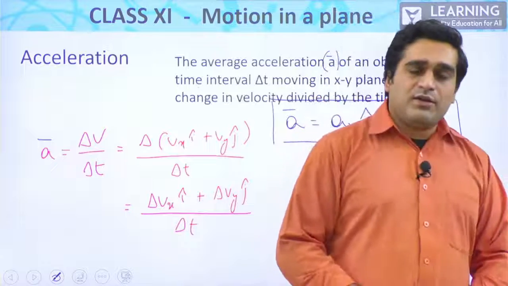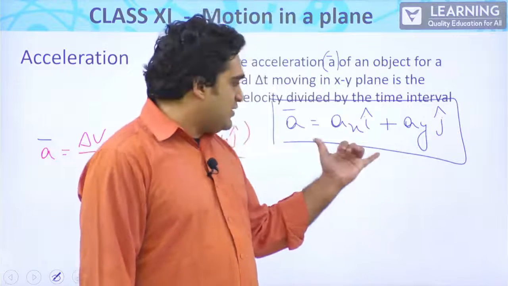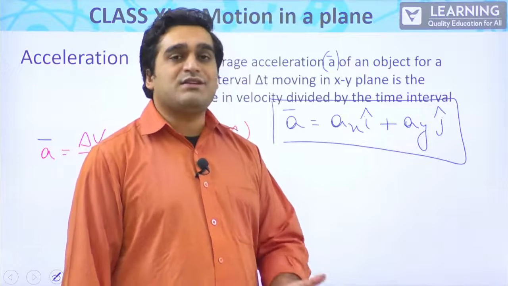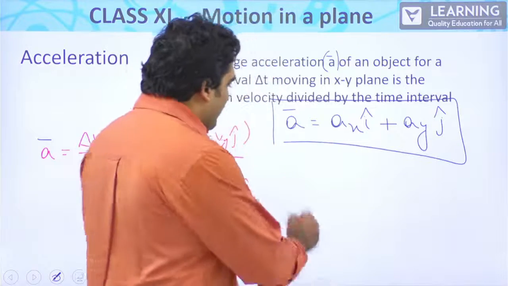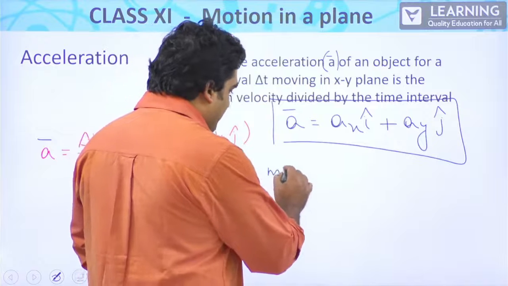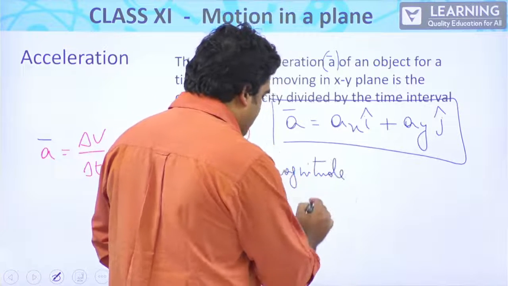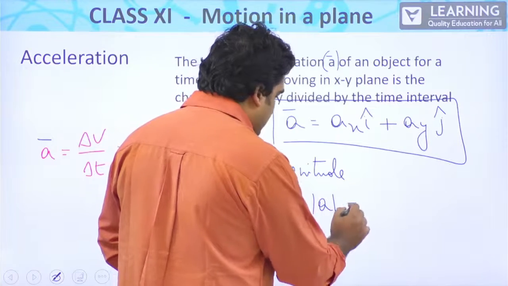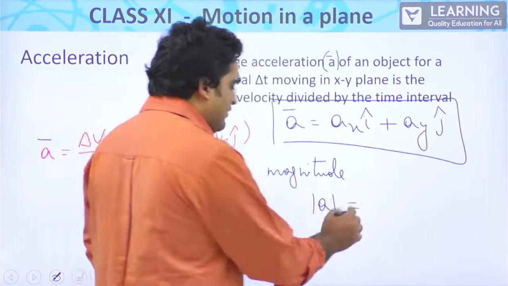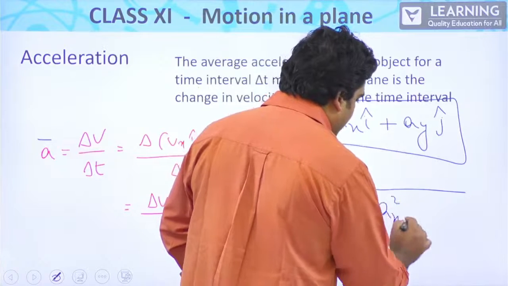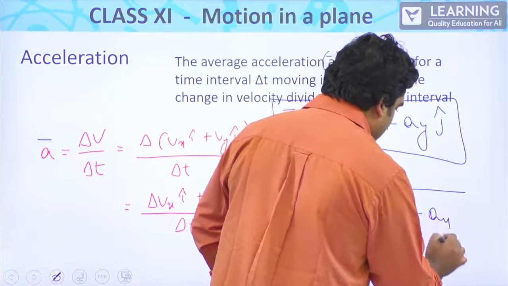So now that we have the average acceleration in this form, can we find its magnitude? Certainly, why not? To find its magnitude is a very simple task, where the magnitude of an acceleration equals the square root of ax square plus ay square.